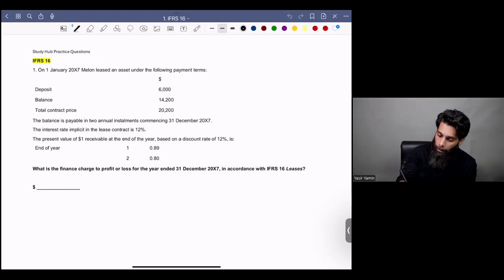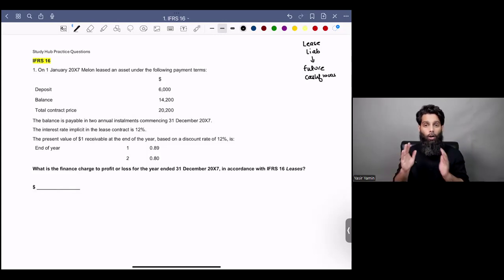When you talk about your lease liability, it tends to represent future cash flows, the obligation to pay future cash flows. Whatever you have already paid with regards to the lease does not become part of your lease liability. It's already reduced.